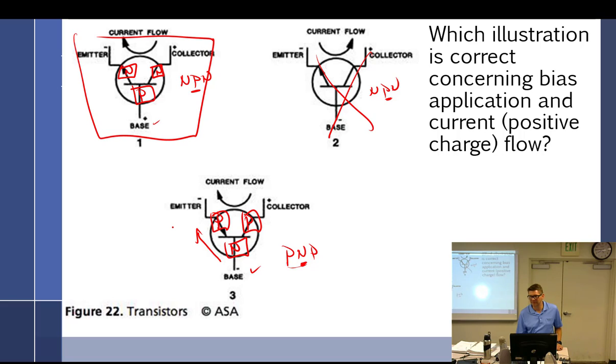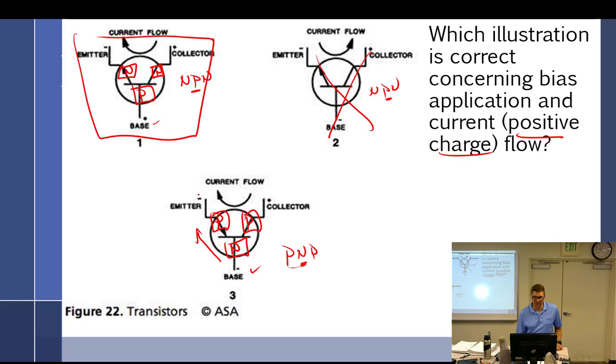Okay, good. Yes. The top one, it says that the current is flowing from the collector to the emitter. I don't even worry about that. Well, it does say positive charge, which I think is their way of saying conventional theory, which would be from positive to negative. Number one was also the only one where that current flow matched the arrow in the transistor.